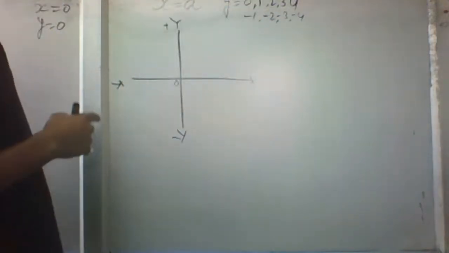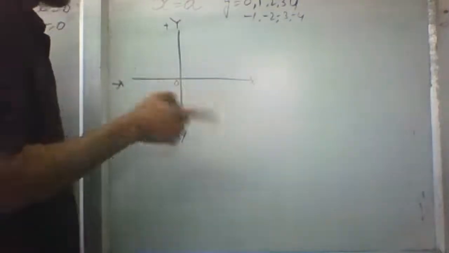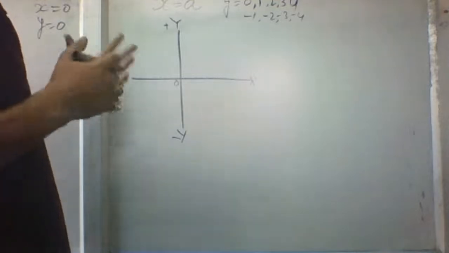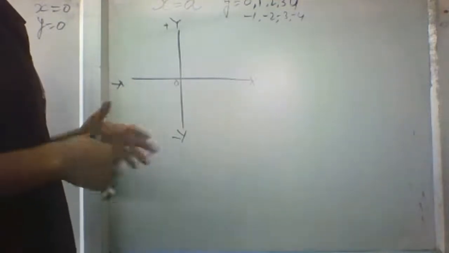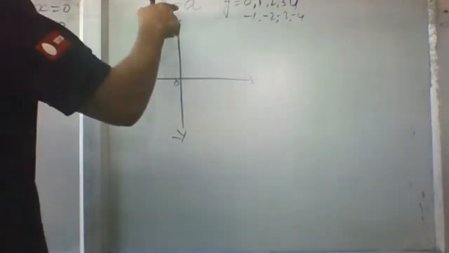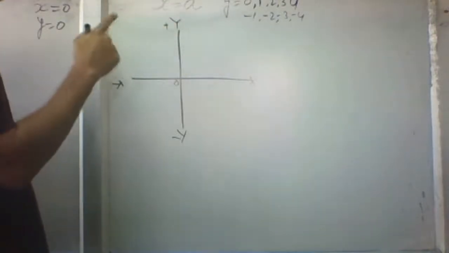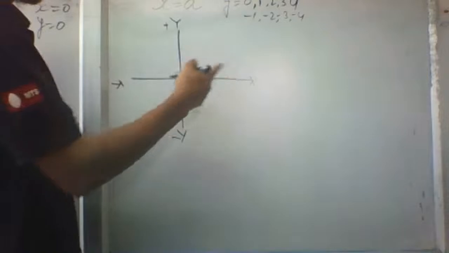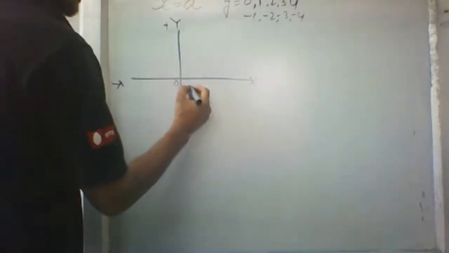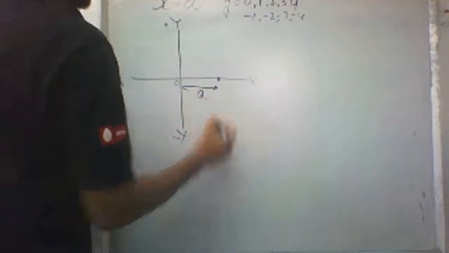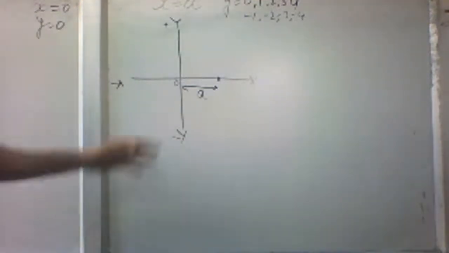So x is not equal to 0, and a is not defined, so a can be anywhere on the x-axis. As it is positive, it always resides on the positive x-axis. So x is at distance a, and this much distance I have considered as a.